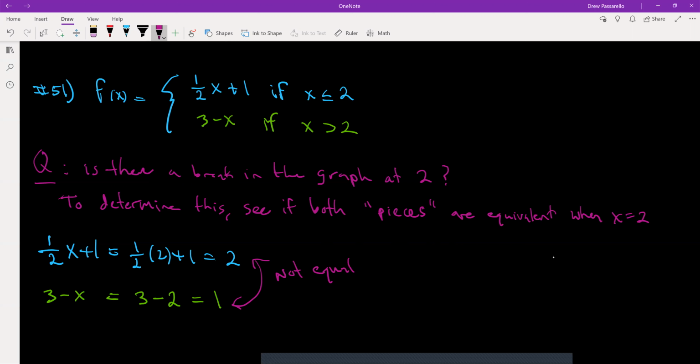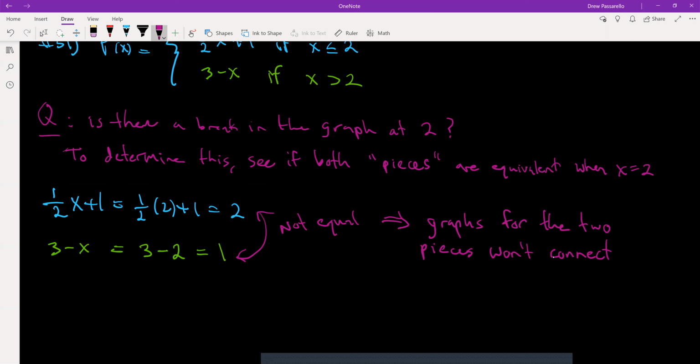So that means the graphs for the two pieces won't connect, which means there's a break in the graph, or a jump.